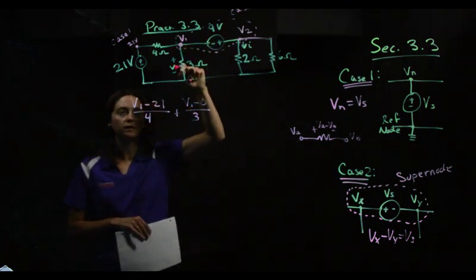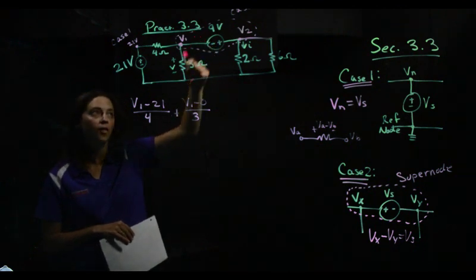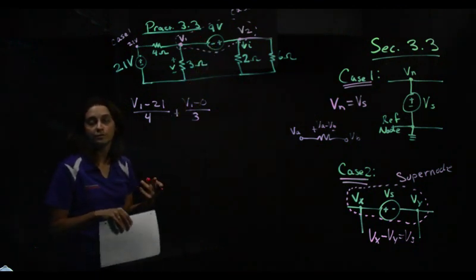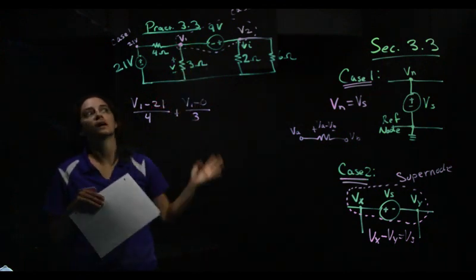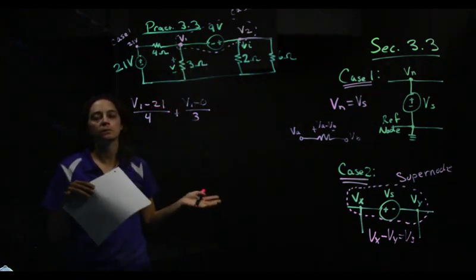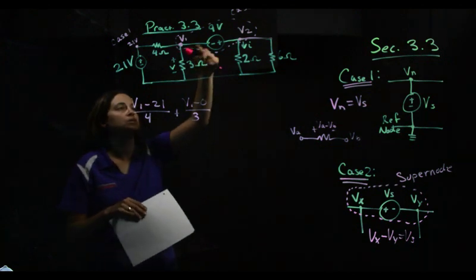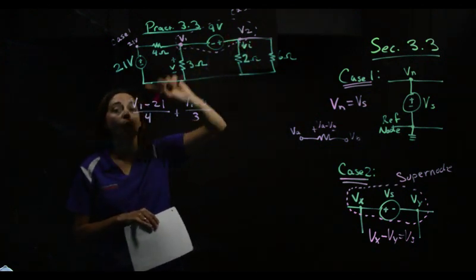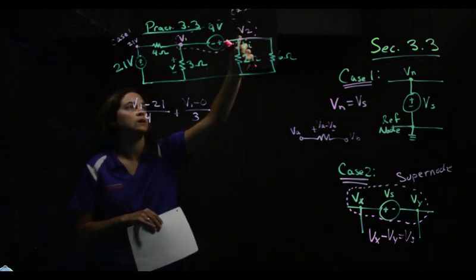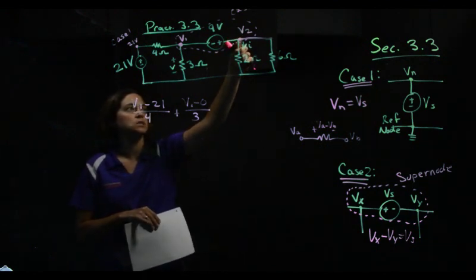And then I'm stuck, right? There's nothing I can do here. So if you didn't recognize the supernode at first, hopefully you will when you start working the problem, because when you get here, you'll go, I don't know what to do. Oh, maybe it's a supernode, okay? There's nothing else we can do here, so we hop over to V2. Remember, we're treating this as one node, one supernode. So I continue writing the same equation.